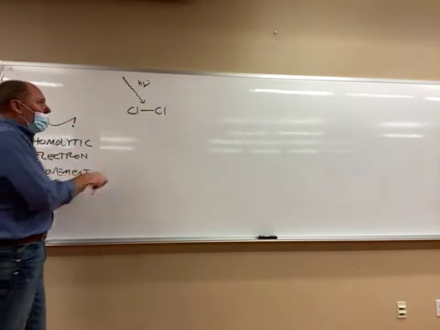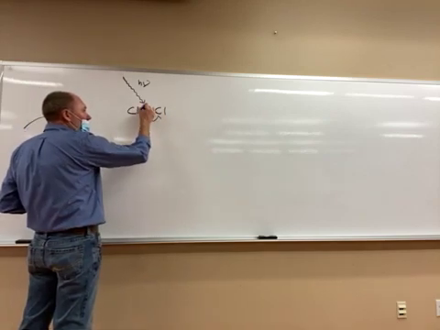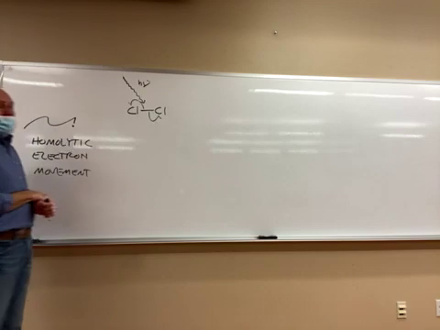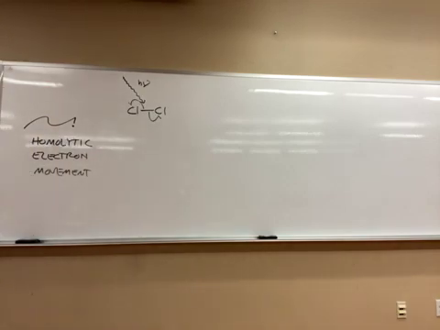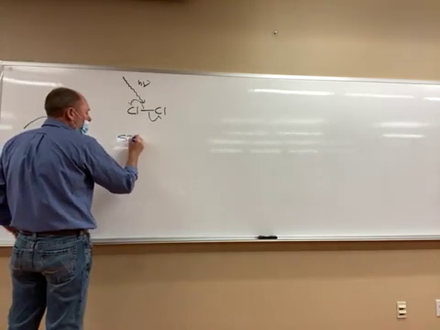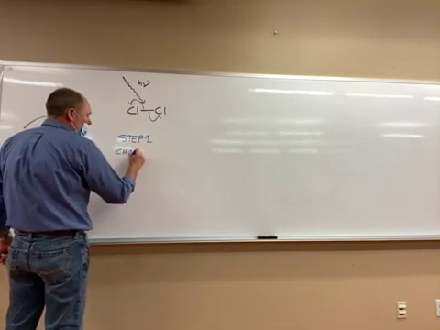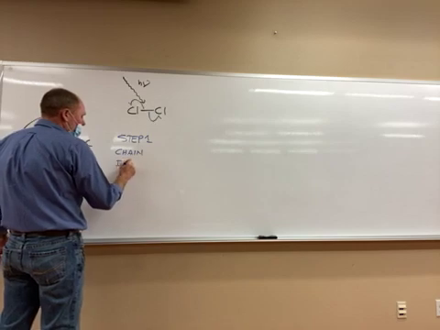And when the bond breaks, 1 electron goes there and 1 electron goes there. Notice the single, or lopsided, arrow. This is called chain initiation, step 1.